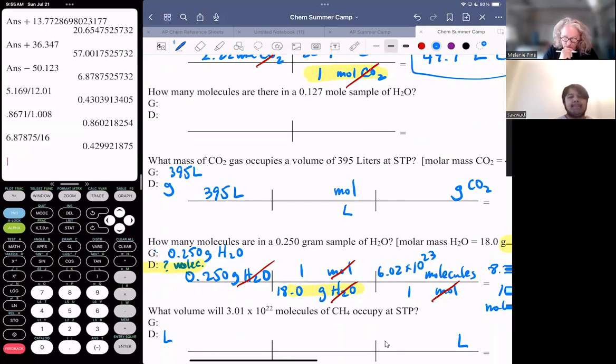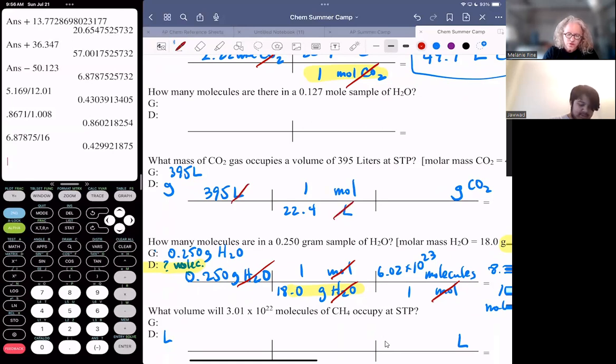What's the conversion between liters and moles at STP? It's 22.4. Does that go in the top or the bottom? It goes in the bottom. That conversion is 22.4 liters is equal to 1 mole.